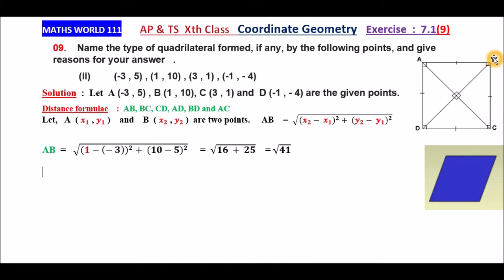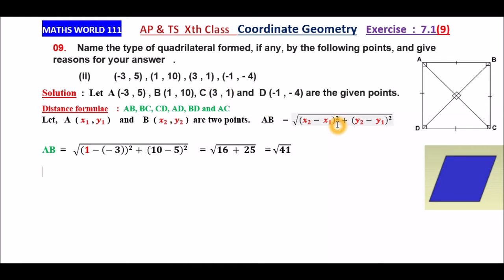BC is the distance between the points B and C, where B is (1, 10) and C is (3, 1). From the distance formula, x1 is 1, y1 is 10, x2 is 3 and y2 is 1.